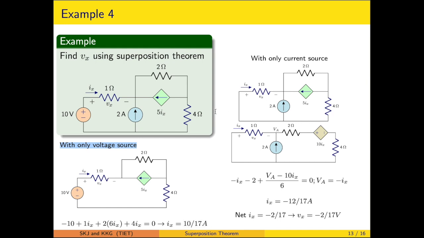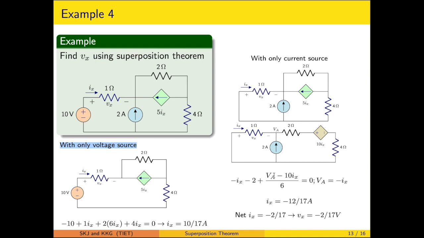With only current source, the schematic is looking like this. Here this voltage source is short circuited. Now just to solve it, you have to make use of the source transformation, so it will be looking a little simpler. In the source transformation, the current source with a parallel resistance is translated into a voltage source and the series resistance, and you are now writing the nodal equation. So VA is the node voltage.